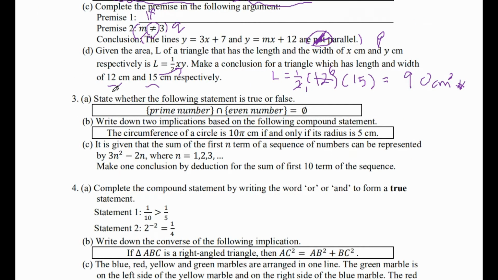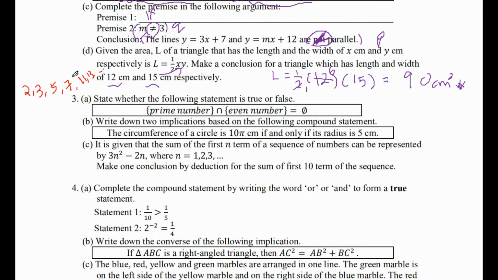Number 3, state whether the following statement is true or false. Prime number intersect with even number equals to empty set. Just now I said that examples of prime numbers are 2, 3, 5, 7, 11, 13, and so on.